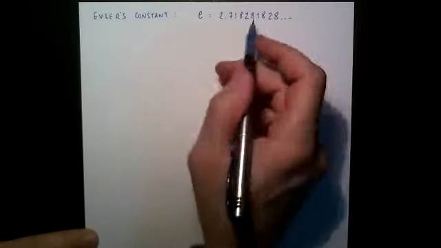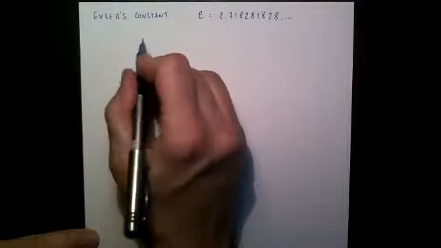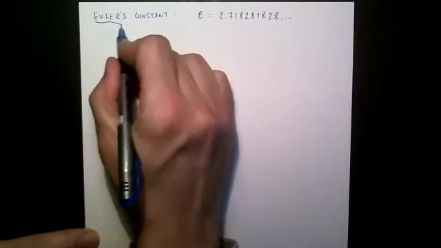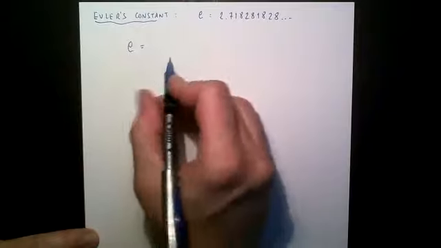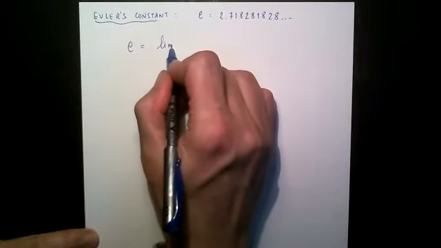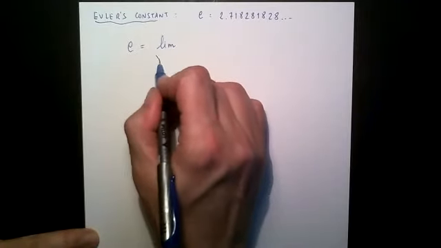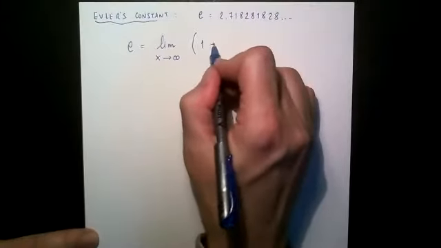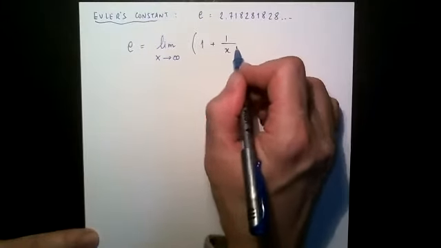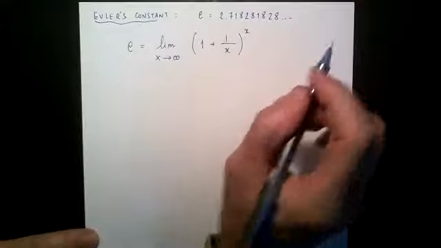And how do you evaluate this value? Here's one of the definitions: e is equal to the limit as x approaches infinity of (1 plus 1 over x) to the power of x.